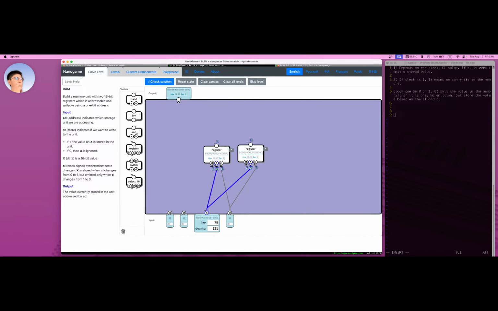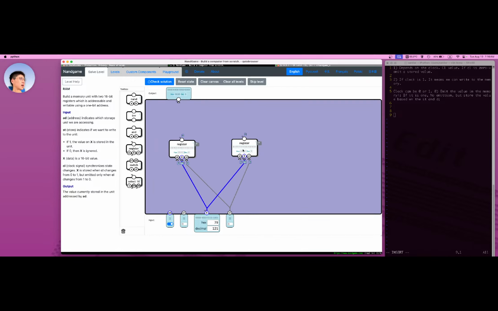Oh, okay. It means we can do like this, like if address is 0, use this guy. If address is 1, use this guy. Address 1, everything from here goes to here. Address 0, go to here.